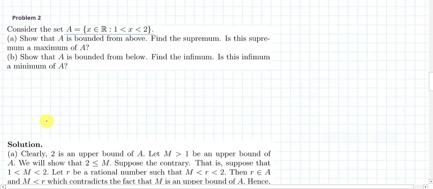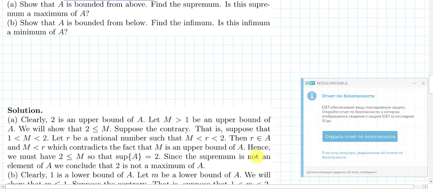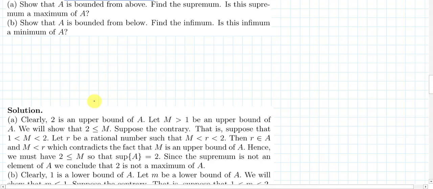Okay, so the solution of this example again. What we have here is 1 and 2. So this is an open interval.